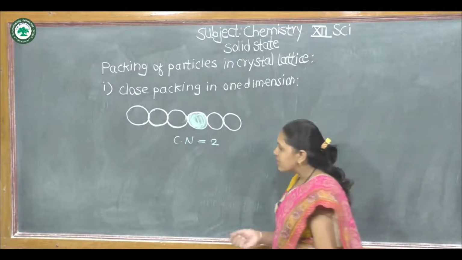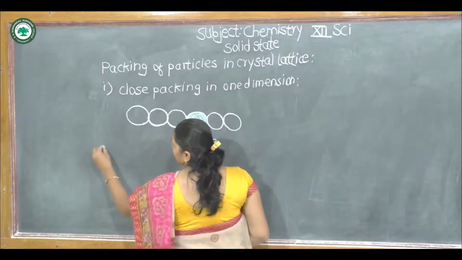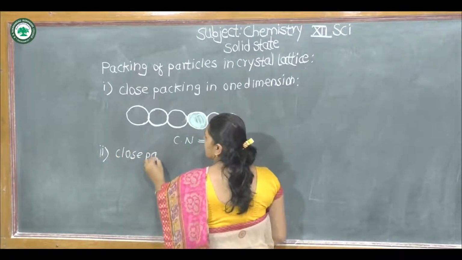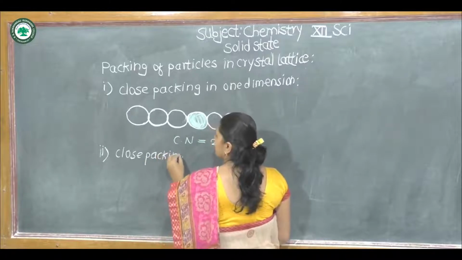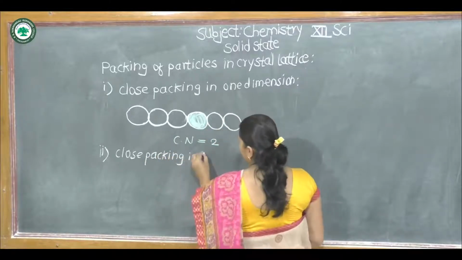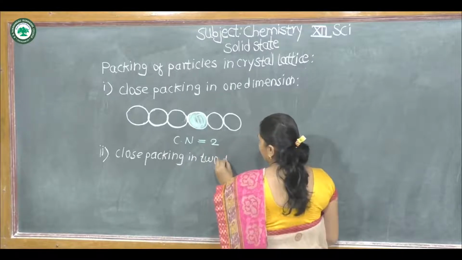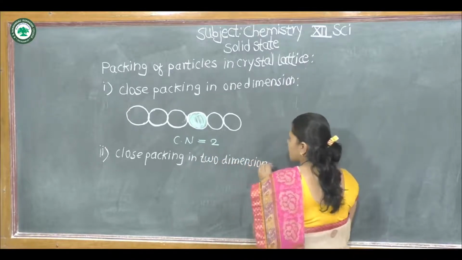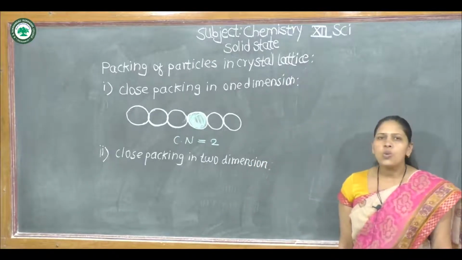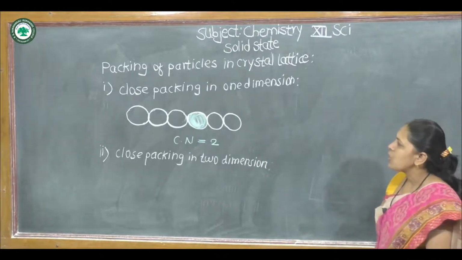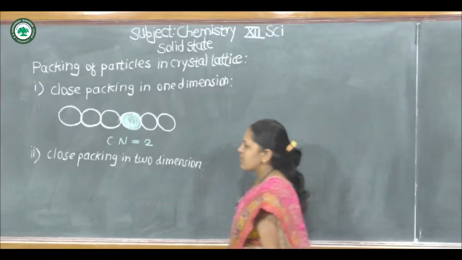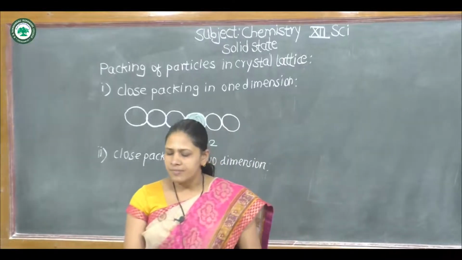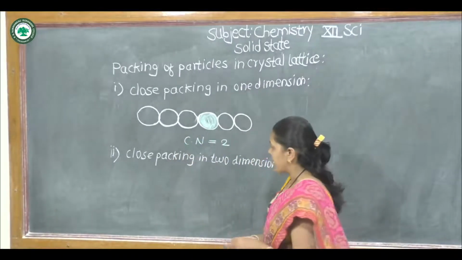Then next is close packing in two dimensions. It is classified into two types. First is square close packing and second is hexagonal close packing.